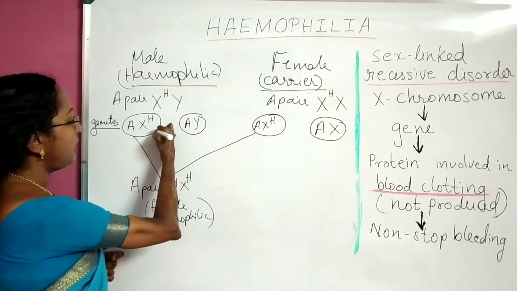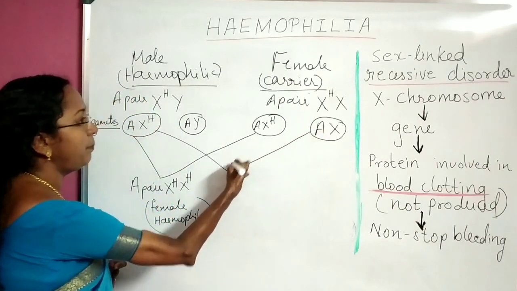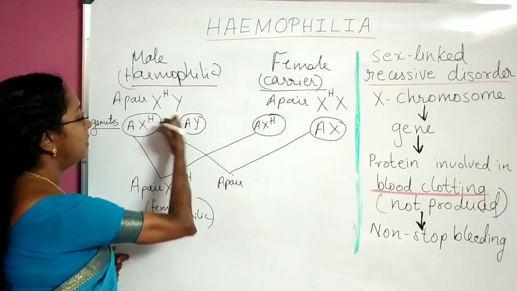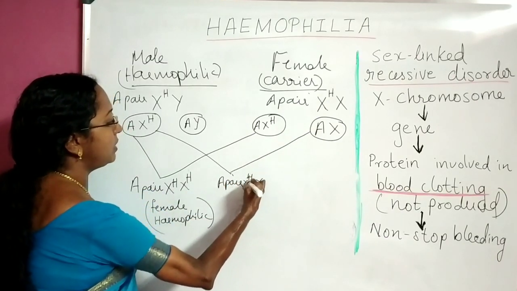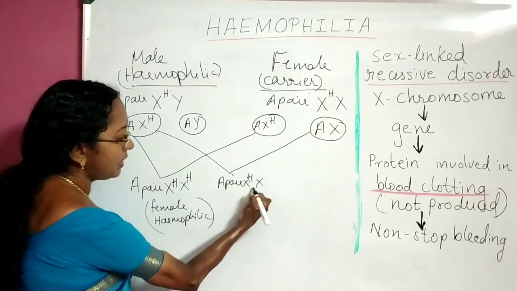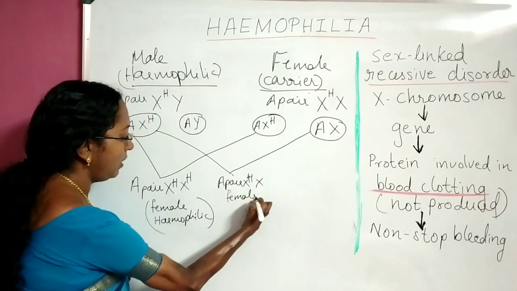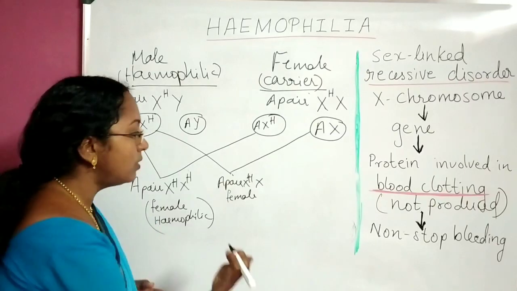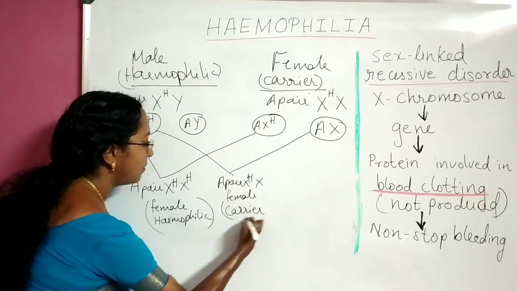Now the second case, same gamete fusing with another female gamete here. Autosome pair, XHX, right? So XHX, two X chromosomes. So again it is going to be a female and only one X chromosome is affected. So this female is a carrier.